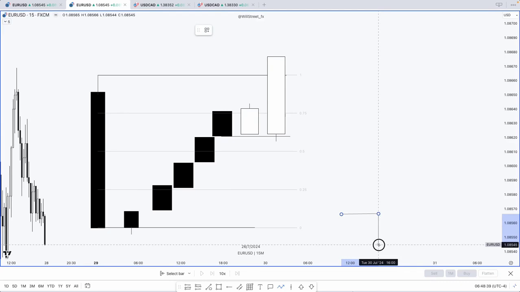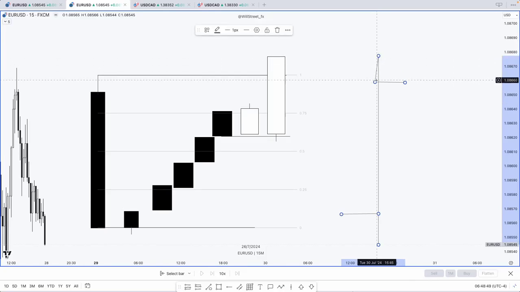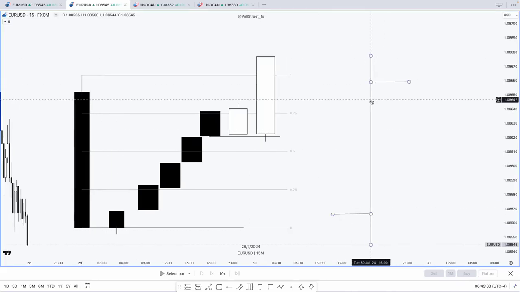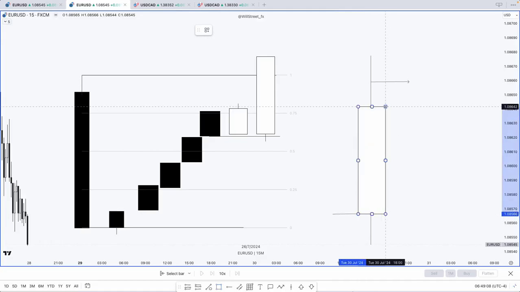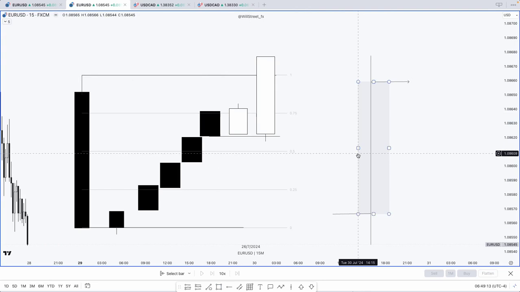So, it's not my best candle I ever created, to be honest. Okay. This is the daily candle, for instance, or weekly candle. The expansion, if this is a weekly candle, will be during, let's say, Tuesday to Wednesday or Thursday.